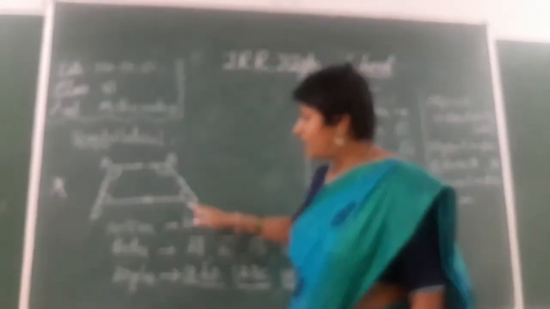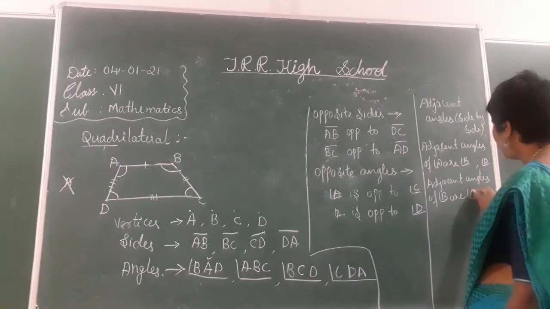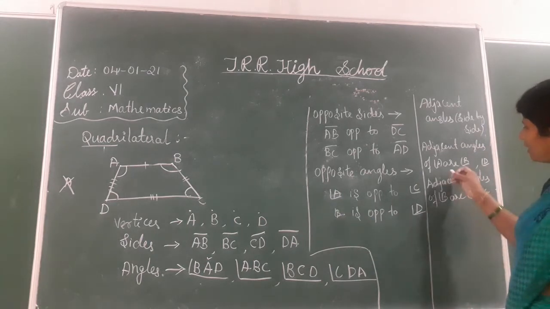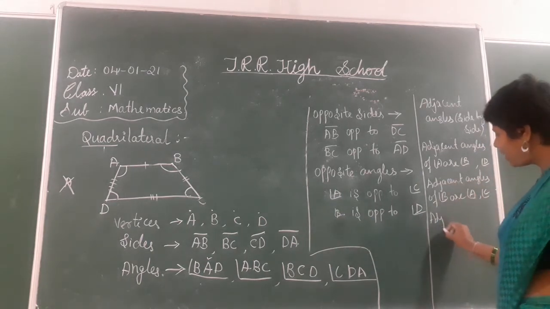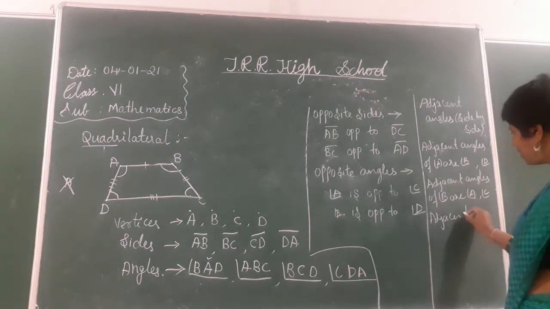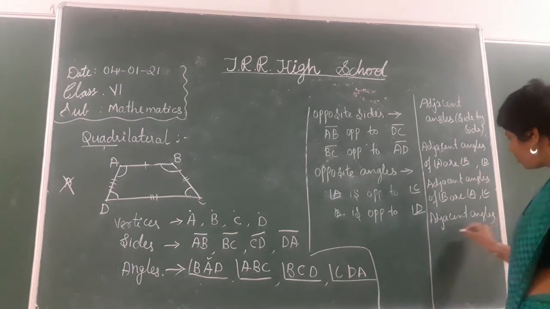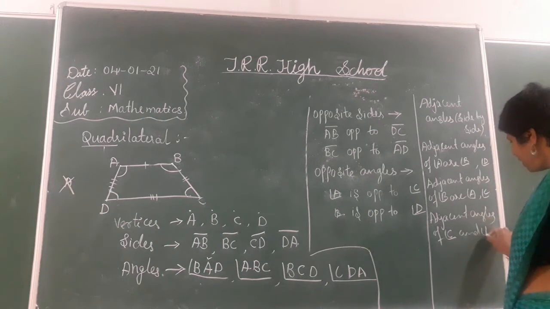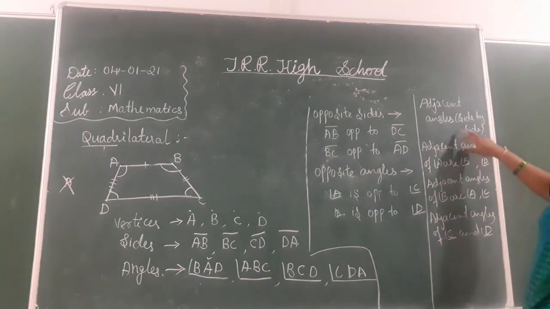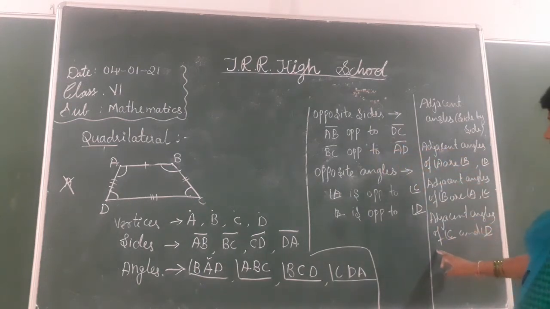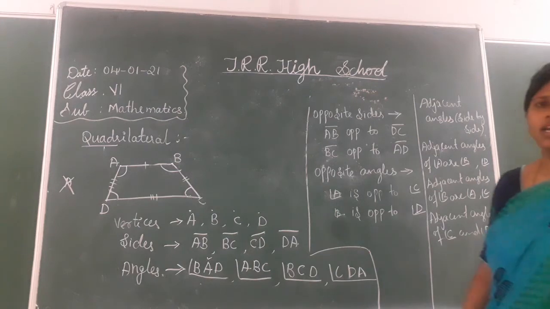Angle A and angle C. In the same way, you try to write down the adjacent angles of angle C and angle D. Already I gave you how to write the adjacent angles for A and B. Now you try for angle C and angle D.